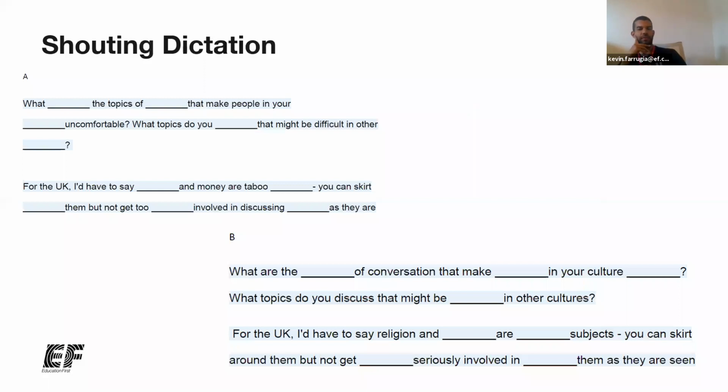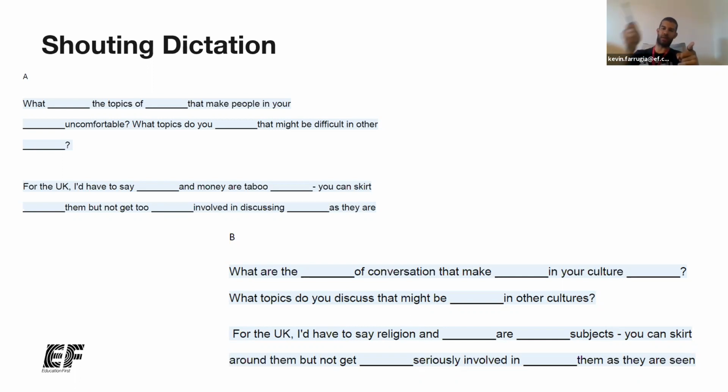One thing that many teachers haven't used is a shouting dictation. So basically the way this goes is that you get two lines in the classroom. There's line A and there's line B. So they are standing up on both sides of the classroom. Line A, line B. The people who are A have the first section, as you can see on the screen, section A. And obviously, line B have the other part.